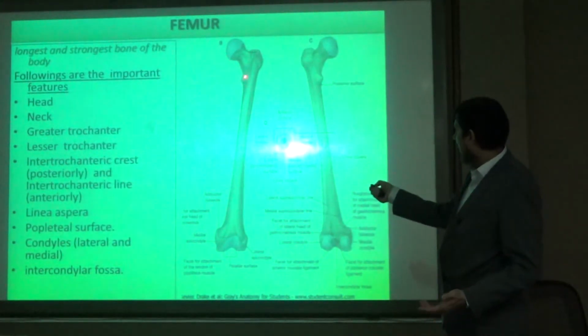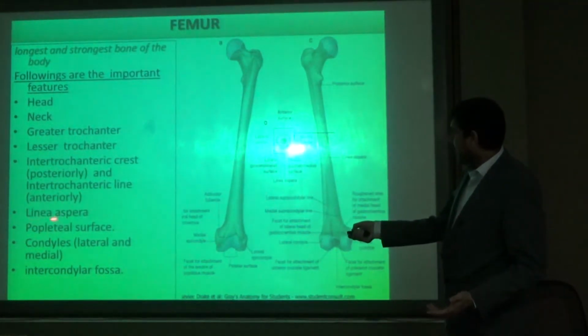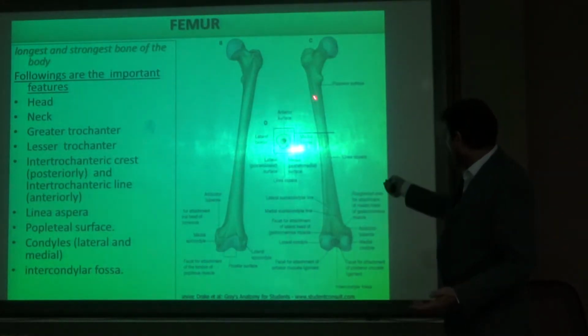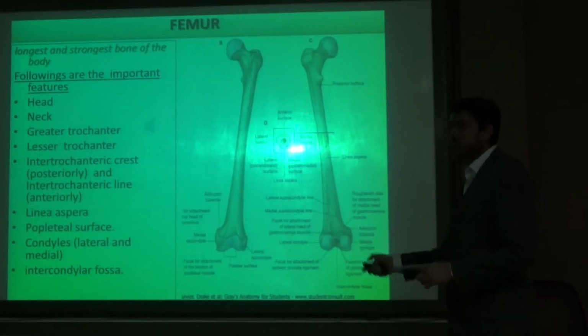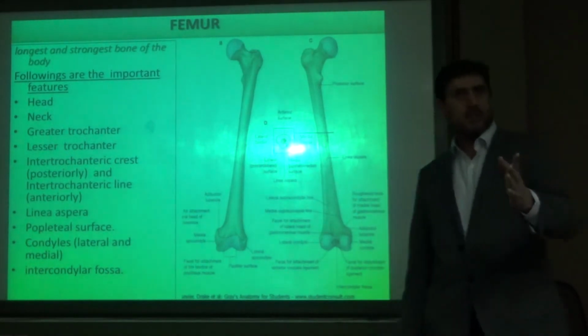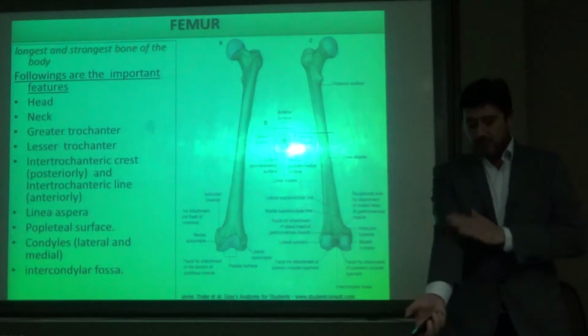Intertrochanteric line between two trochanters, and crest. What is this one? Linea aspera in the shaft, in the center, here, on the back side. This is a slightly new word. It's a line, linea aspera. Linea aspera. Yes.